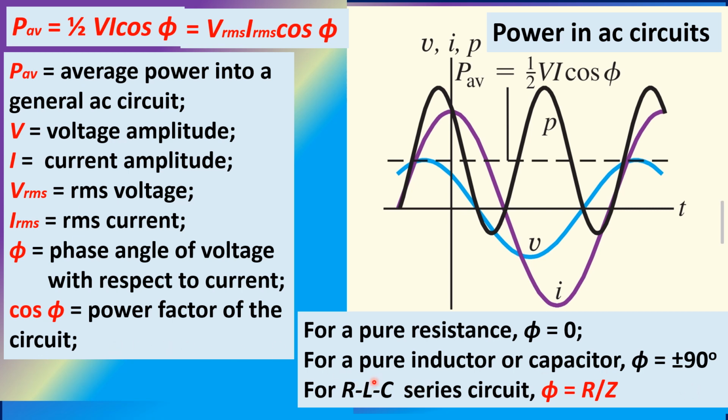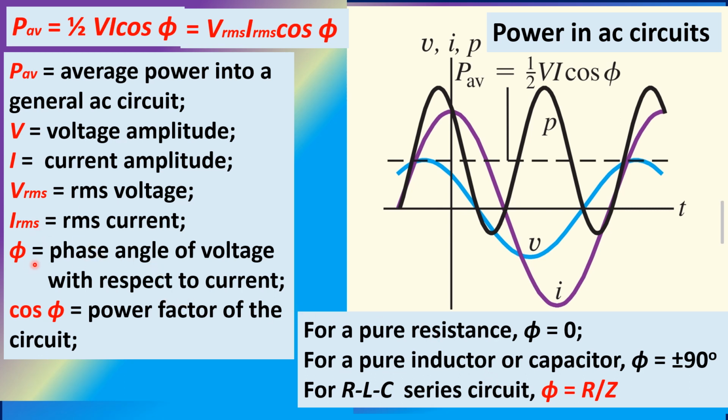And the cosine of 90 degrees, whether positive or negative, is equal to 0. That's why we said earlier that the average power in a capacitor or in an inductor is equal to 0.